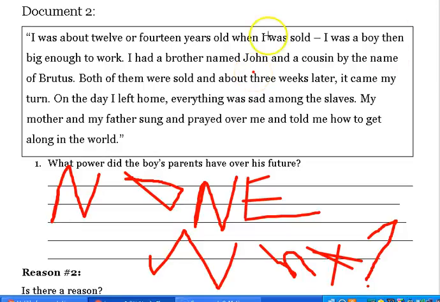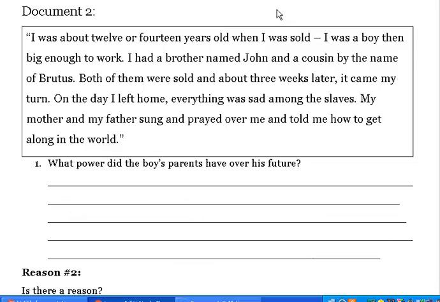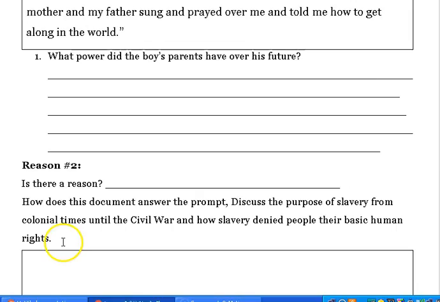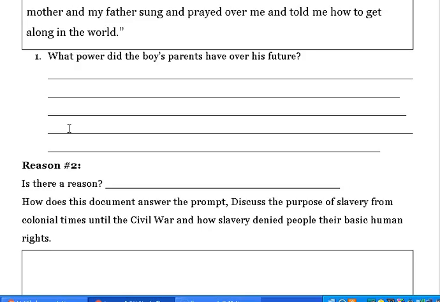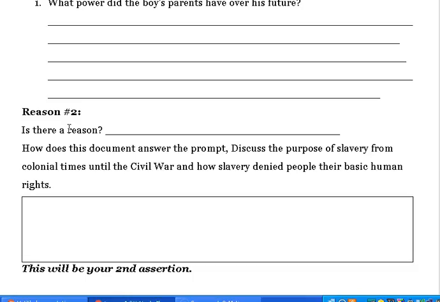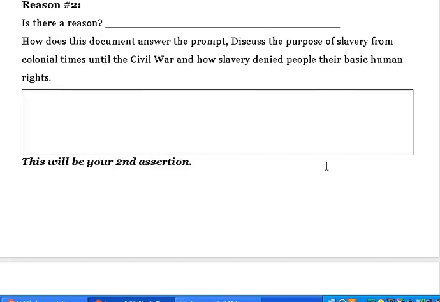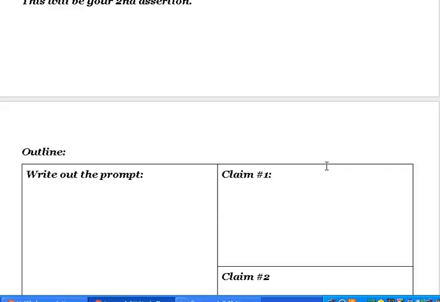Reason number 2. Is there a reason? How does this document answer the prompt? This is your first assertion. So, you are going to write the prompt.